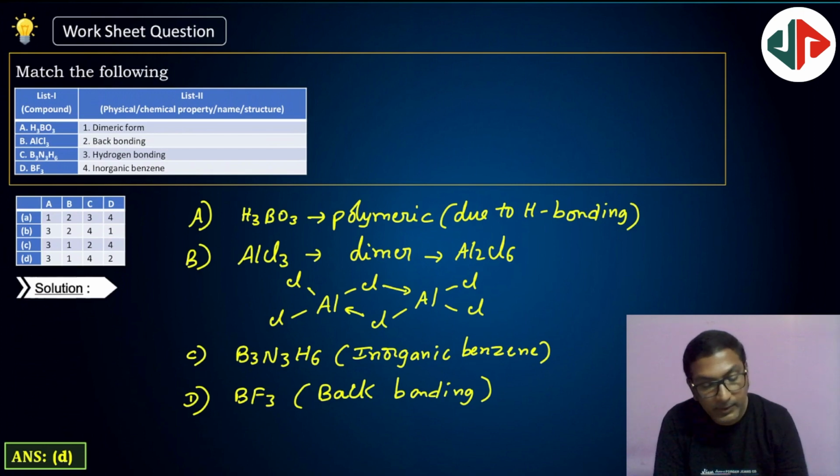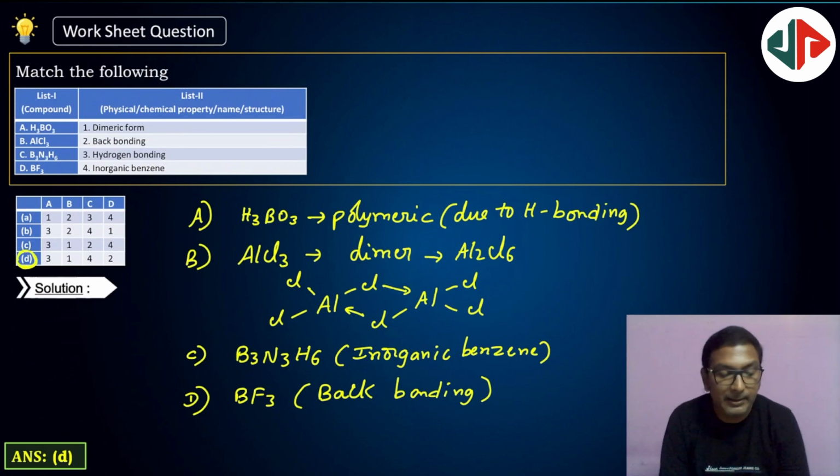So here, option A, H3BO3, hydrogen bonding, A3. Next B, AlCl3 dimer, B1. C, B3N3H6 inorganic benzene, that is C4. D, BF3 back bonding, D2. Therefore option D: A3, B1, C4, D2.